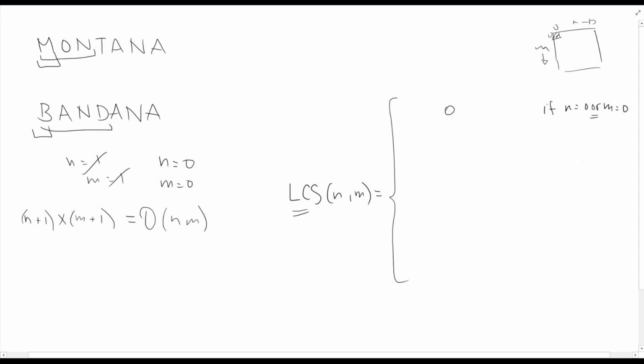But if we have n equals 0 or m equals 0, we're talking about both the first row and the first column. So our base case is no longer just one location. Our terminating case might be a whole row or a whole column, or in this case, both. So our first row and first column are filled in with zeros. That's going to make things a little bit easier for us.